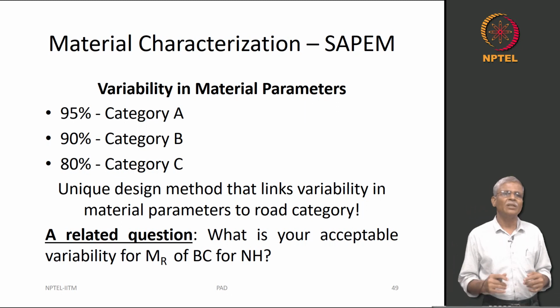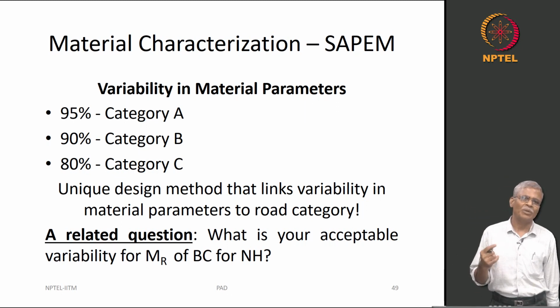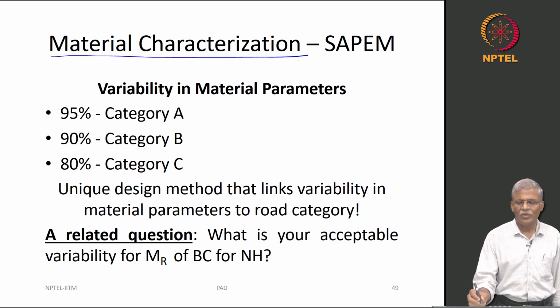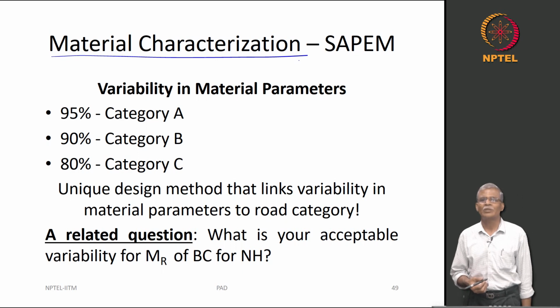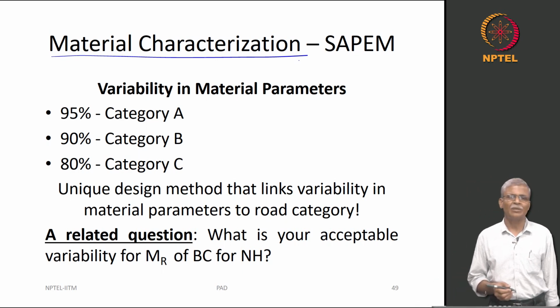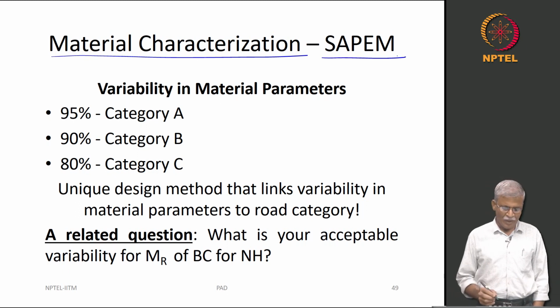So, the first thing that we need to understand here is that variability is going to be a critical issue here. So, we will be listing the various modulus values that we are expected to measure as far as the South African pavement design method is concerned, that is what is given here. So, depending on the category of the loading, the variability in the material parameters can vary this much.